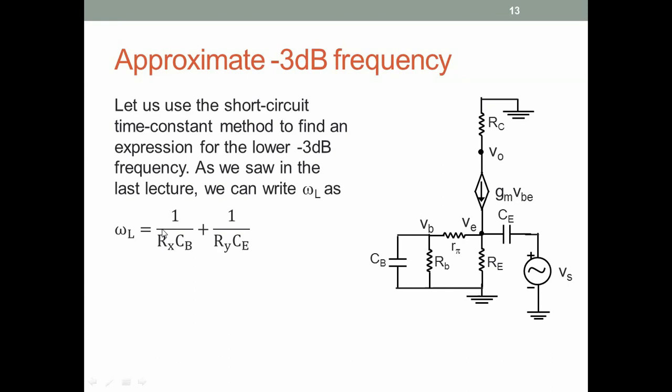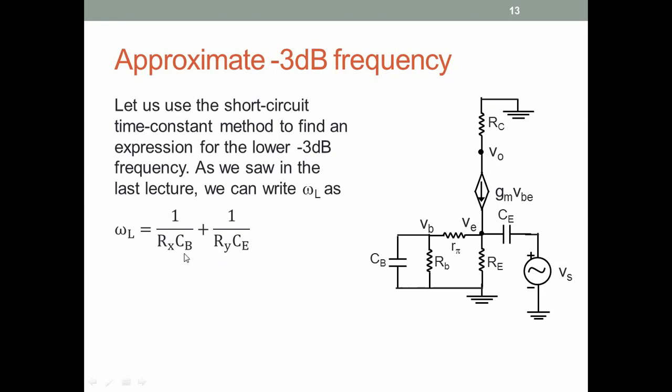So we saw that the lower cutoff frequency can be written as the sum of individual frequencies caused by individual capacitors. So we say omega L is 1 by Rx CB plus 1 by Ry CE, where Rx is the Thevenin's resistance seen by CB with CE short circuited, and Ry is the Thevenin's resistance seen by CE with CB short circuited. So this we had defined last time.